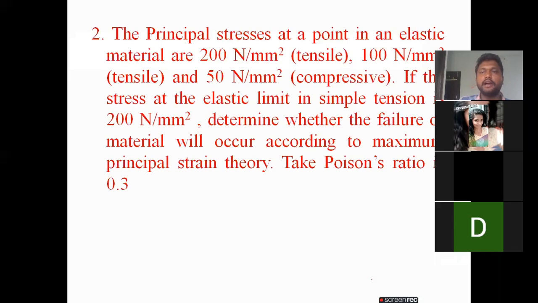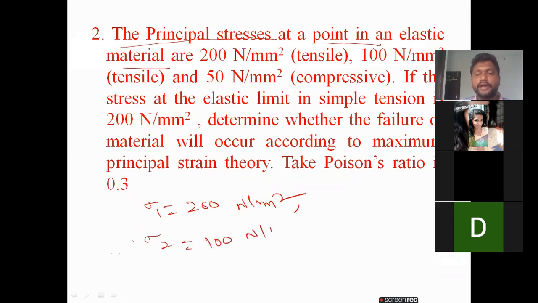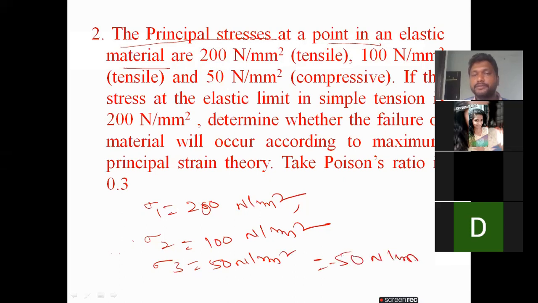My dear students, if you observe the second problem, it is the same as that. The question given here: the principal stresses at a point in an elastic material are sigma 1 equal to 200 Newton per mm square, tensile, meaning positive sign, sigma 2 is 100 Newton per mm square, and sigma 3 equals 50 Newton per mm square, compression, that means minus 50 Newton per mm square.